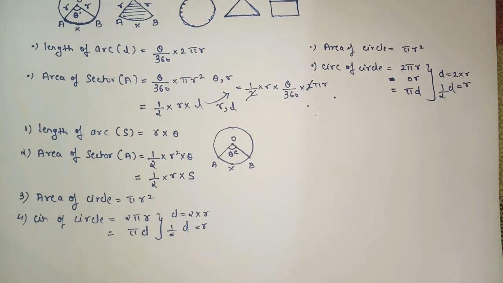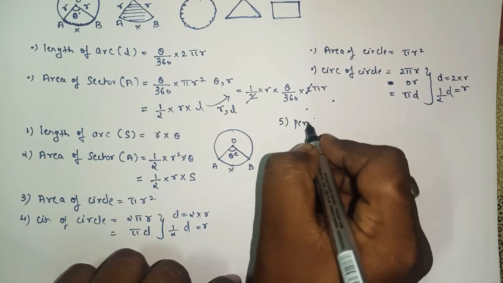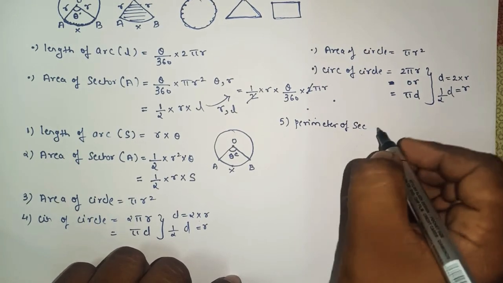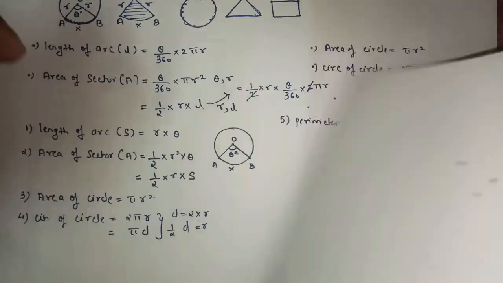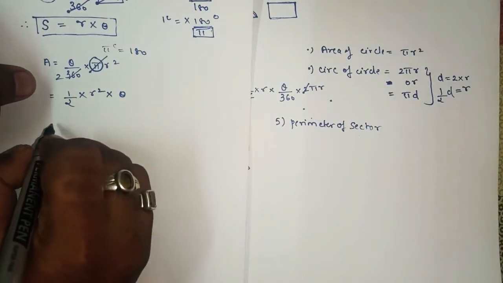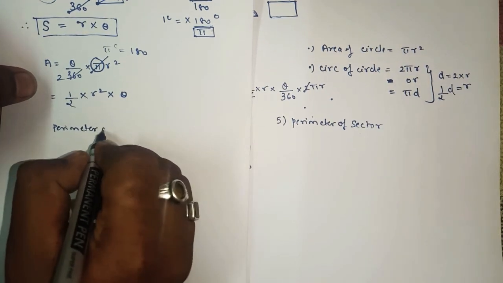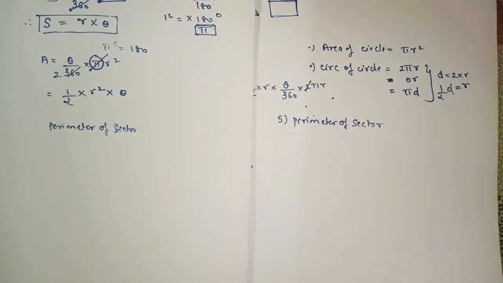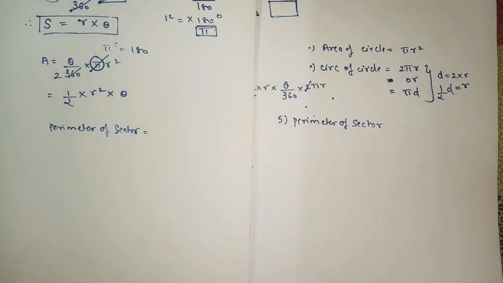So let's move on to the next one, formula number five, that is perimeter of sector. The perimeter of sector was there in your 10th standard; I guess the formula was not there, but there was one sum in the miscellaneous exercise where we used to find the perimeter of sector.